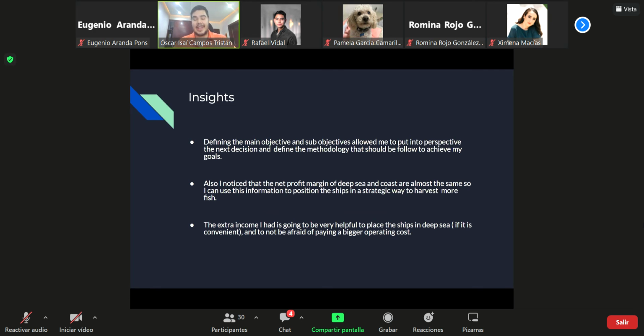So like I told you, this is going to be very useful to position the ships in a strategic way to harvest more fish. And the extra income I had is going to be very helpful to place the ships in the deep sea if it's convenient and not be afraid of paying a bigger operating cost.